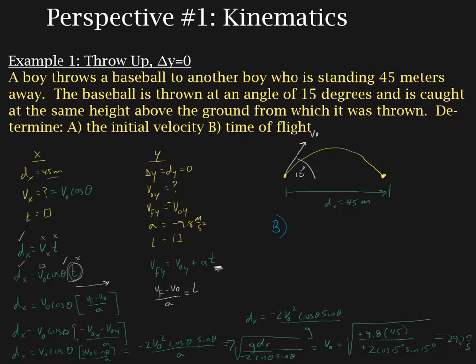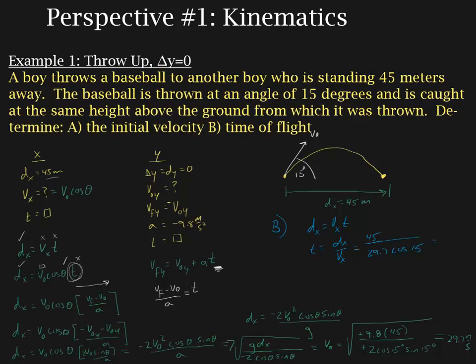So we're just going to use derived information. And for that, we could just say dx is equal to vx times t. And that means t is equal to dx over vx, which is 45 over 29.7 cosine of 15.